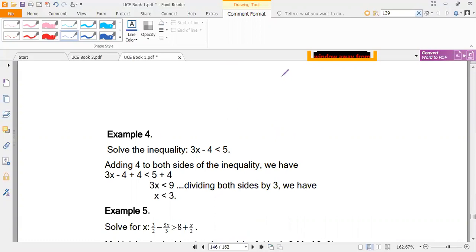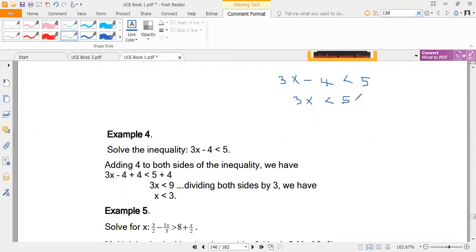In the first example, we are supposed to work with 3x minus 4 is less than 5. We handle inequalities the same way we handle equations. This time we take the 4 to the other side. Since it is negative, when it crosses to the other side, it becomes positive.